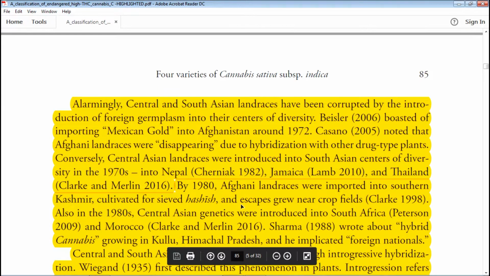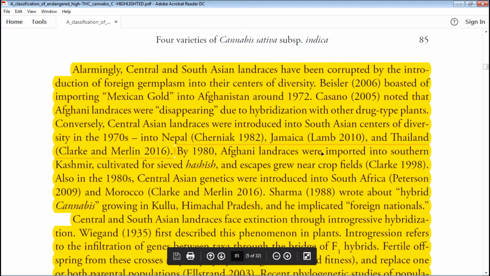By 1980, Afghani land races were imported into southern Kashmir, cultivated for sieved hashish, and escapes grew near crop fields. Also in the 1980s, Central Asian genetics were introduced into South Africa and Morocco. Sharma wrote about hybrid cannabis growing in Kulu, Himachal Pradesh, and he implicated foreign nationals.